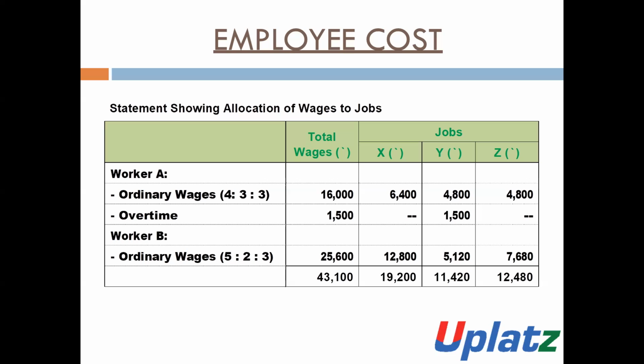The total cost of job X is 19,200, for job Y is 11,420, and for job Z is 12,480 rupees. This is the statement on the basis of which we can allocate the wages to the particular jobs.